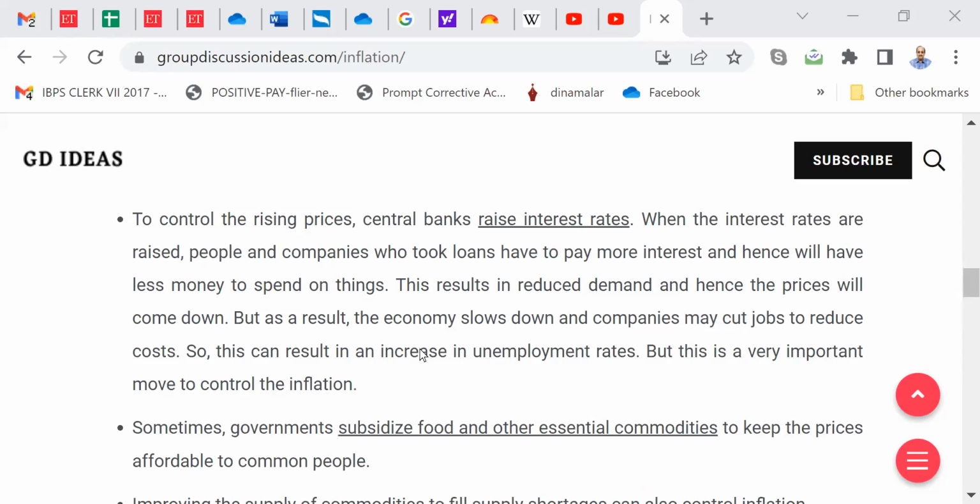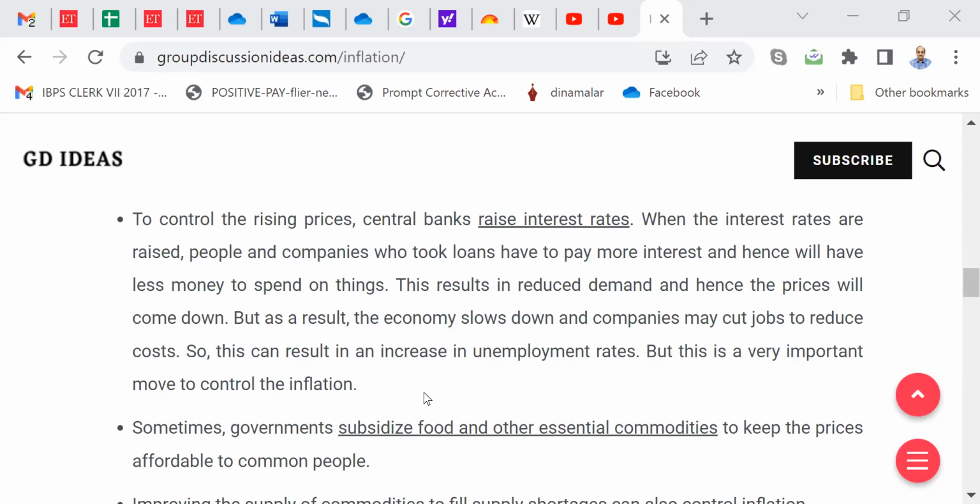Mega, can you read this? To control the rising prices. Okay, sir. To control the rising prices, central banks raise interest rates. When the interest rates are raised, people and companies who took loans have to pay more interest and hence will have less money to spend on things.